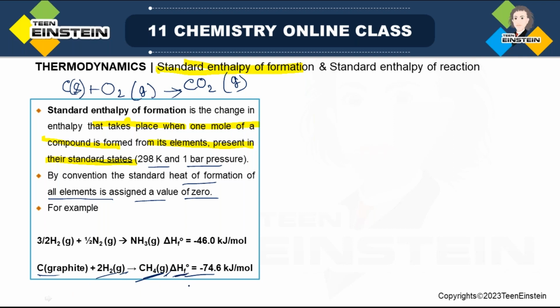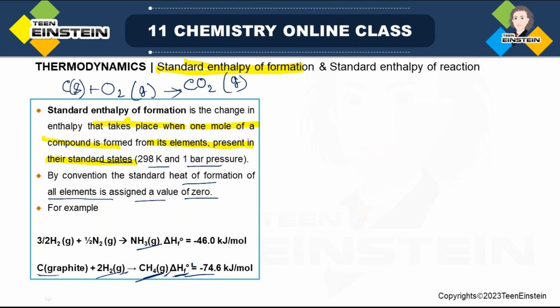It is written in this way: subscript F means formation, and this sign signifies that we are trying to indicate standard condition. The standard enthalpy of formation value we are getting is minus 74.6 kilojoule.